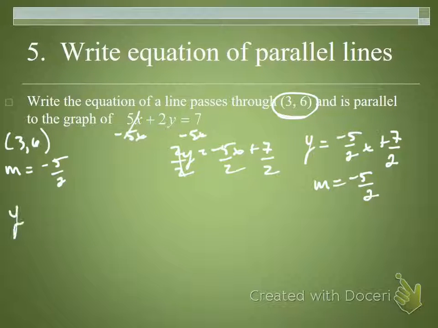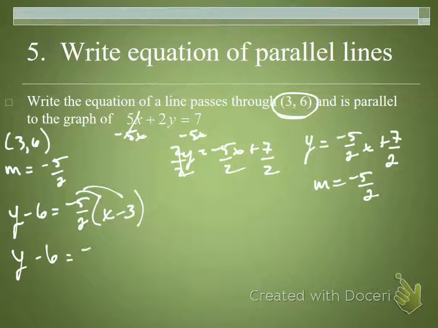So now we go to point-slope form. y minus 6 equals -5/2 times (x minus 3). Okay. Now we got to distribute and start getting this in slope-intercept form just for the practice. So -5/2 x. Take -5 times -3 and you get positive 15. Don't divide by the 2 because it's not going to give you a whole number.